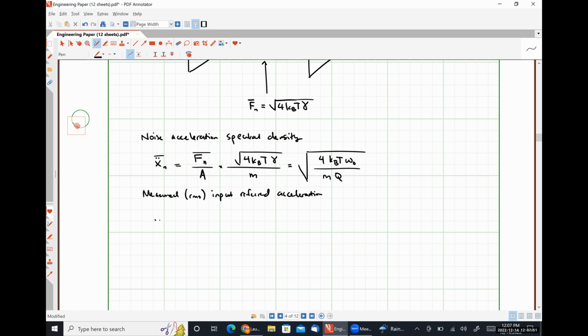So if we have some RMS noise displacement at the output, we can get the input referred noise acceleration by simply taking XRMS, our measured noise at the output, and referring it by A1 times A2 because we have this two-stage amplifier here, which is going to be XRMS times mass divided by spring constant, or XRMS times omega naught squared.